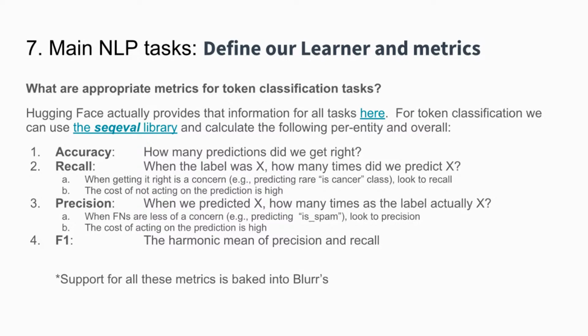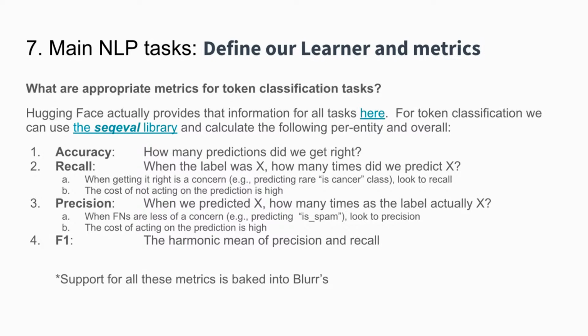And again, a good example of when recall is important would be an imbalanced data set, like predicting a rare is cancer class, right? If you just went with accuracy, you could predict 0 every single time and have a really accurate model that doesn't do the job you're expecting it to.